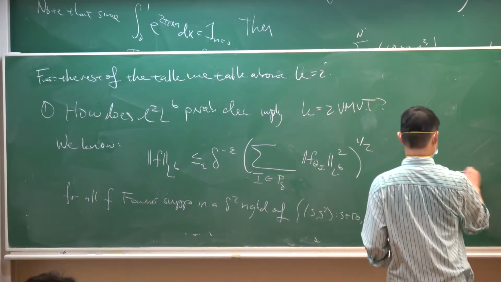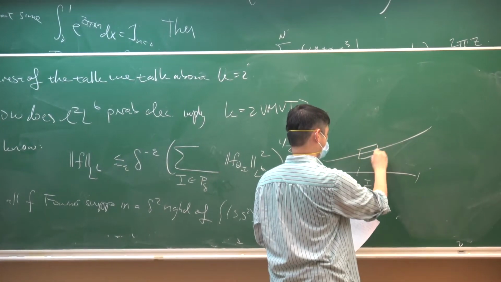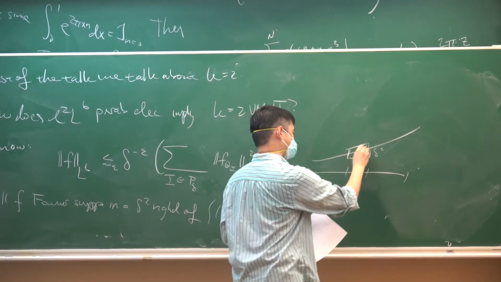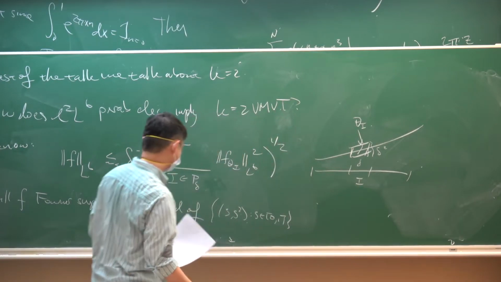Okay, where, remember, theta I, so I is of size delta. This is a delta by delta squared neighborhood. Okay, we spent a lot of time proving this.